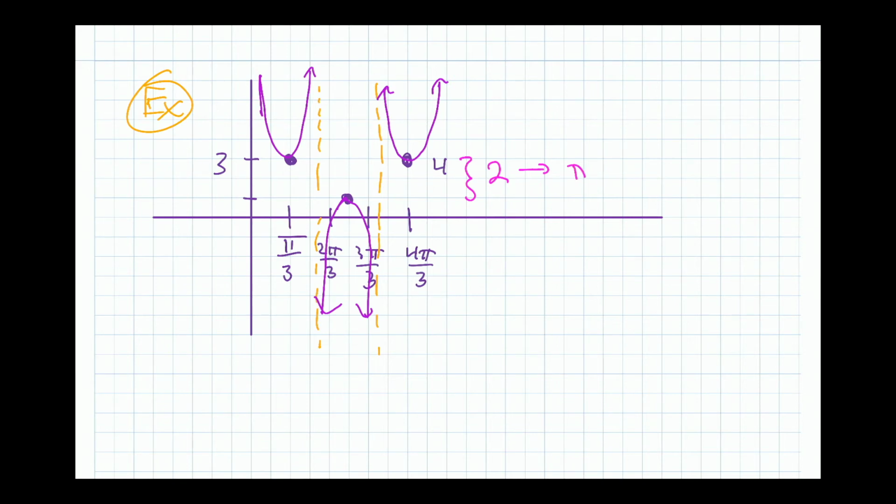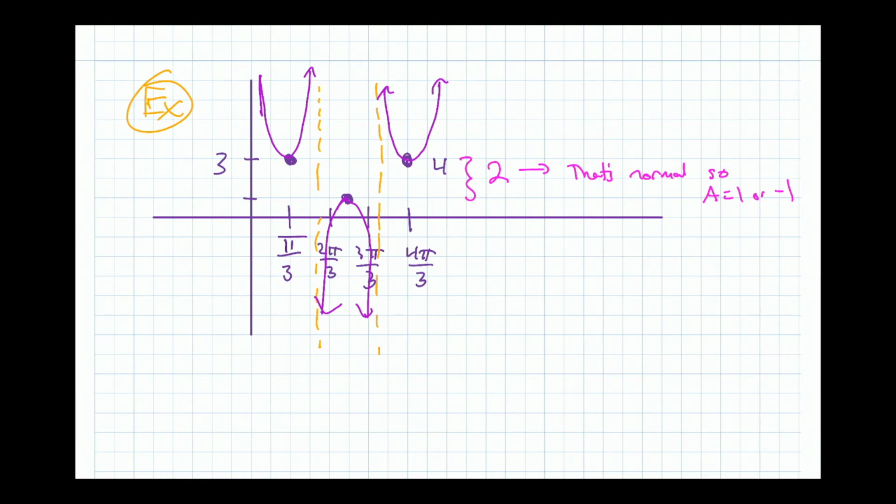That's normal. So A is 1 or minus 1. Okay. Now, what else do we need? We need to get the B right, right?